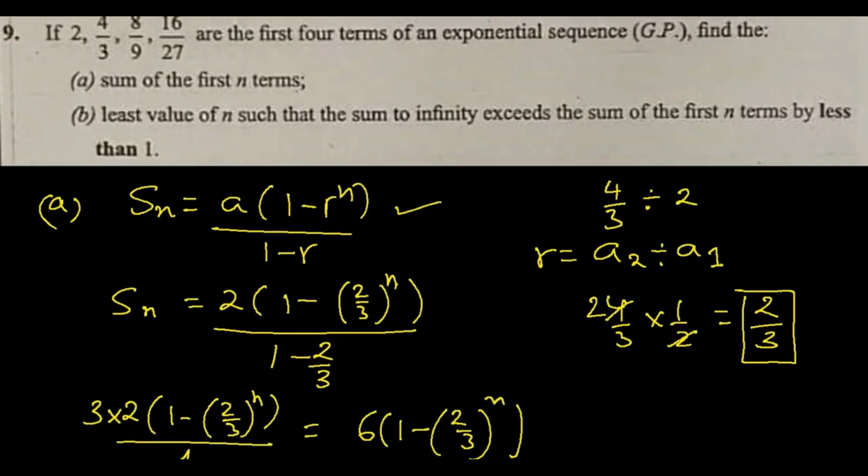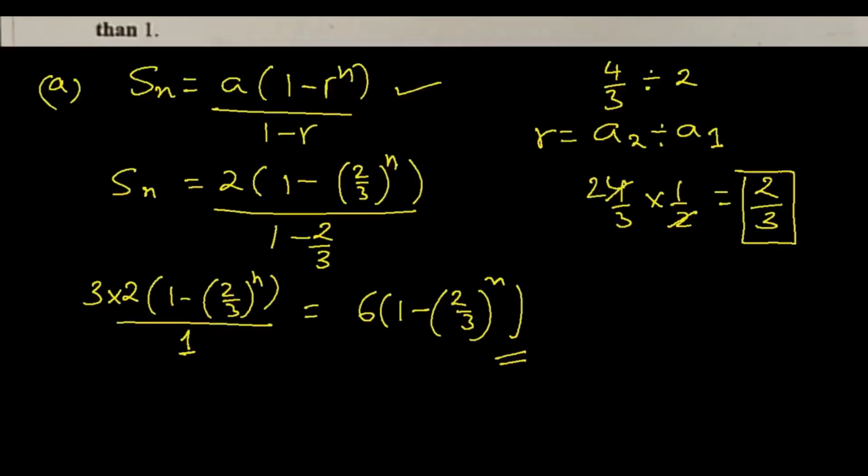What is the next thing? Least value of n such that the sum to infinity exceeds the sum of first n terms by less than 1. So sum to infinity is more. Okay.